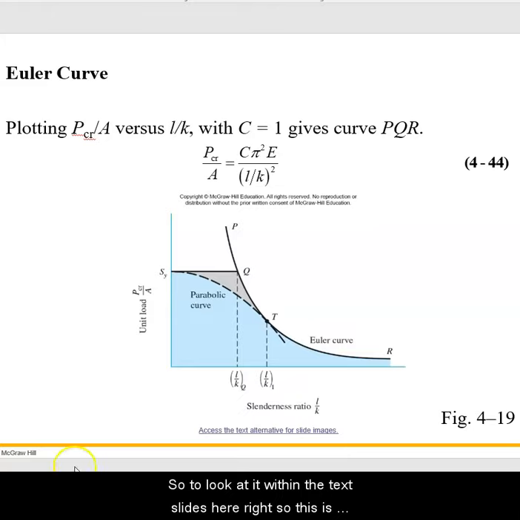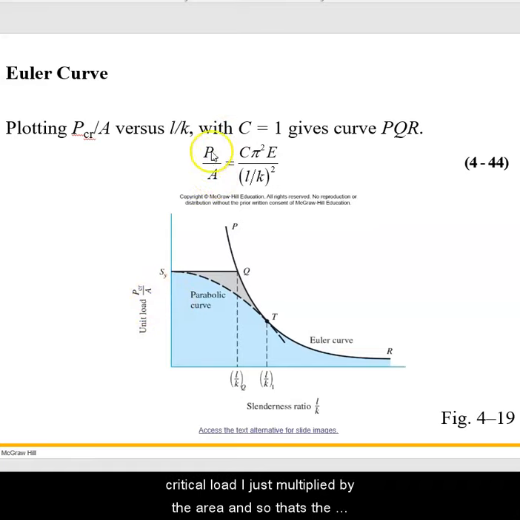To look at it within the text's slides, this is what the curve looks like. This portion here is the Euler curve, which is more slender than the critical slenderness ratio, and this portion here is the Johnson curve, which is less slender than that critical slenderness ratio. On the Euler curve, they call it the unit load, the critical load over the area.